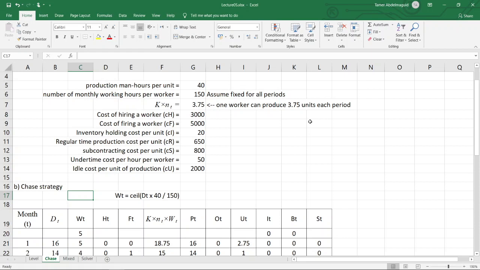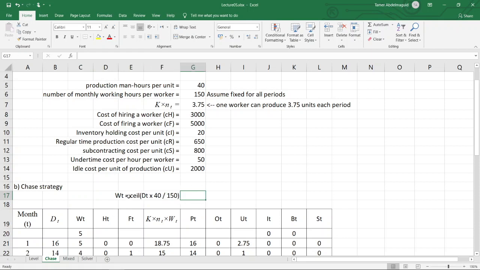And from that, of course, we calculate the amount of production, and then we decide if we need to probably have some subcontracted quantity or overtime. Of course, we do not have overtime in this example, but generally, that's what we do. So here I entered the formula that I'm going to use to calculate the number of workers in a given period.